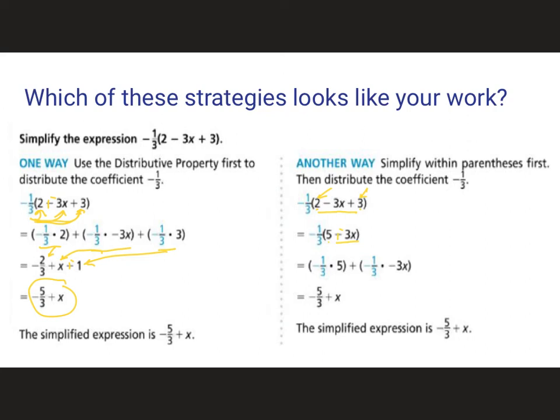I would have negative 1/3 times 5 and negative 1/3 times negative 3x. When I do that, I get negative 5/3, and negative 1/3 times negative 3 gives positive 1, the invisible 1x. So whether we combine our like terms at the end or at the beginning, either way we get the same result. Voila.